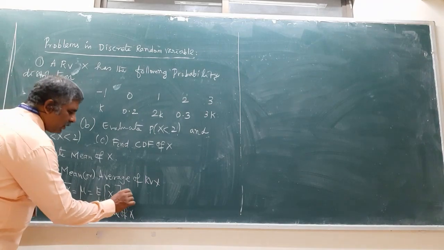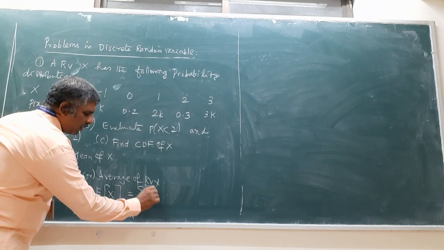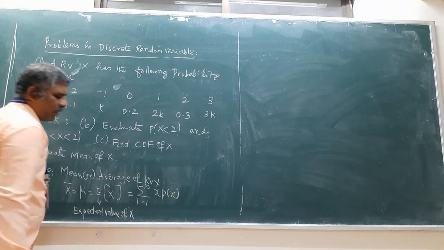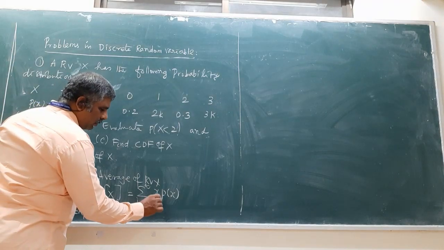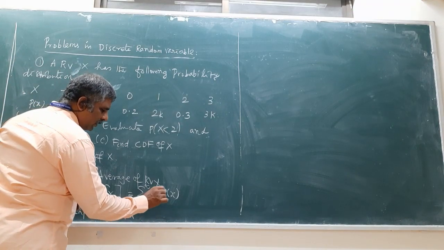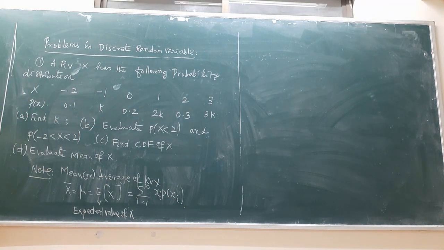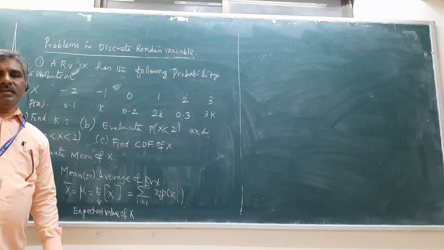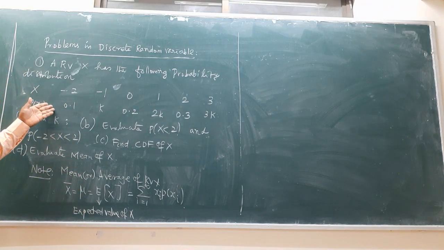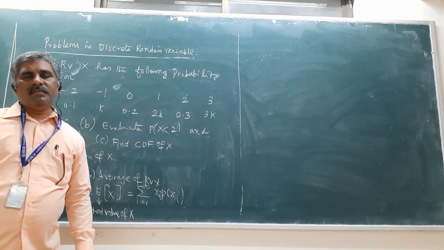The formula is summation of i equal to 1 to infinity x into p of x, otherwise x suffix i p of x i. We know the x value and the p of x value, multiply x and p of x, then add them, and you will get the mean value.